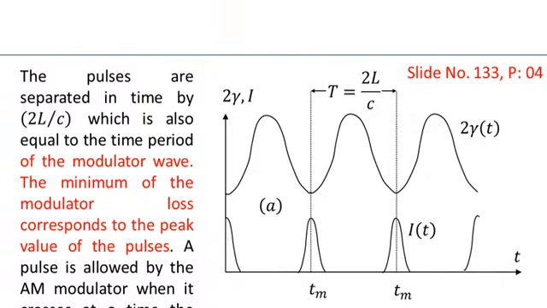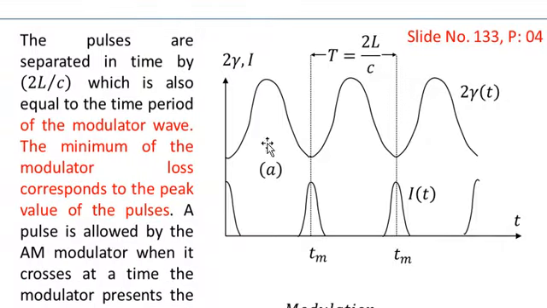For example, over here in this figure, you can see this is oscillating sinusoidally. This is actually the modulator output, going sinusoidally, and it is represented by 2 gamma as a function of time.